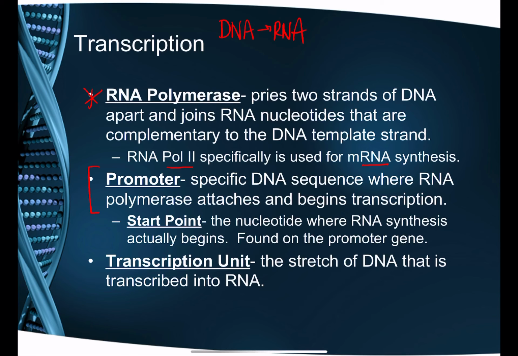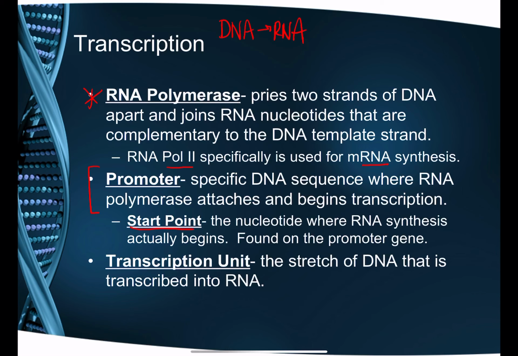Within that promoter sequence, we have what's called the start point, and that's where RNA synthesis actually begins. The piece of DNA that is actually transcribed, that primary transcript or pre-mRNA, is made from a piece of DNA referred to as the transcription unit.